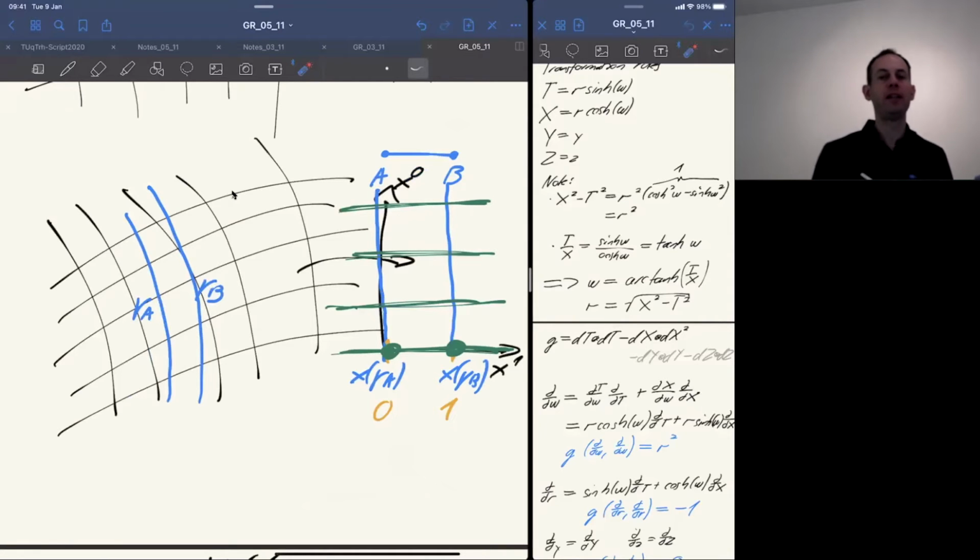But my point is that if you now go into a region where the curvature matters, where it really matters that you're no longer in flat space-time, then the notion of length is a highly artificial one, because it depends, for example, on the notion of simultaneity.